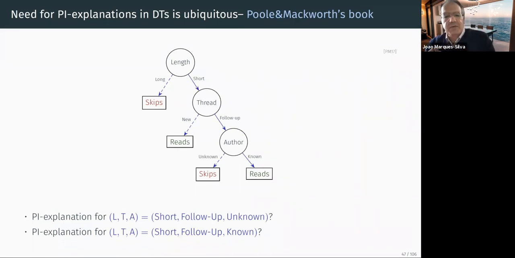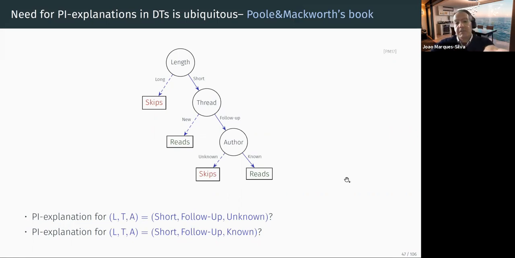And again, if none of these examples convinces you, here is one from Poole and Mackworth's book. Actually, here it was easy to spot two examples. So this and this. If it's this one, you can get rid of that one. If it's this one, you can get rid of that one. Of course, I'm picking small examples because they are much easier to analyze, but this applies in general, okay?